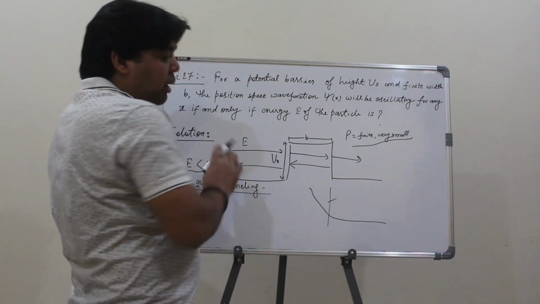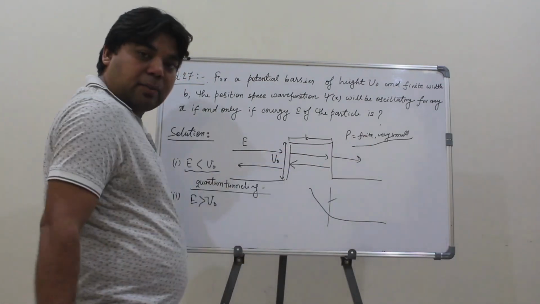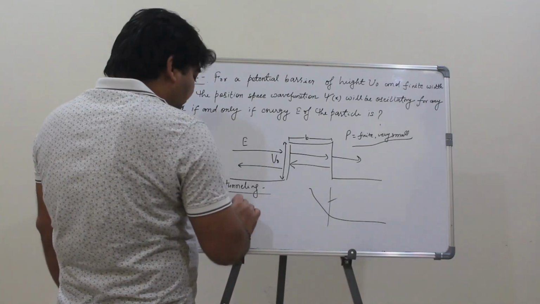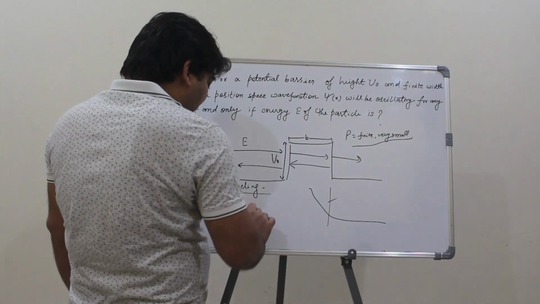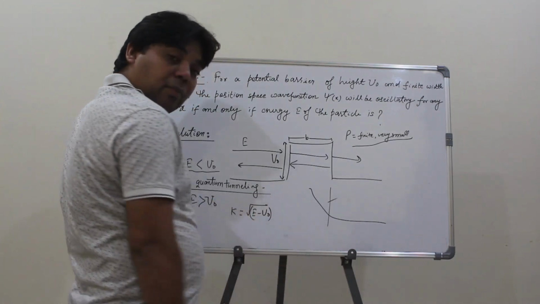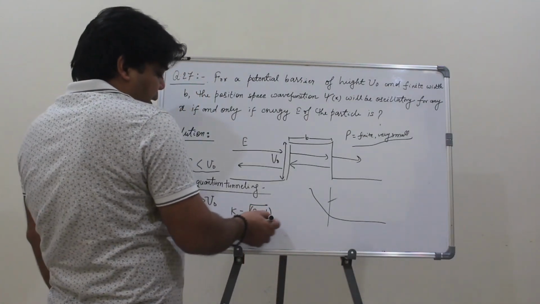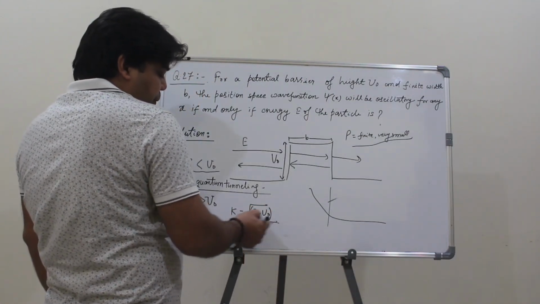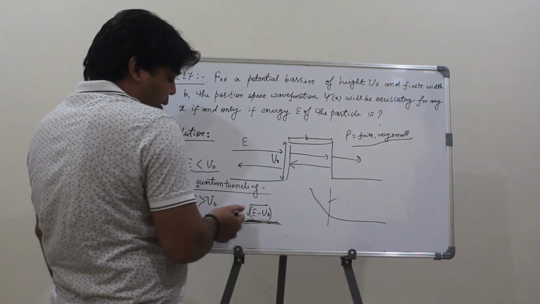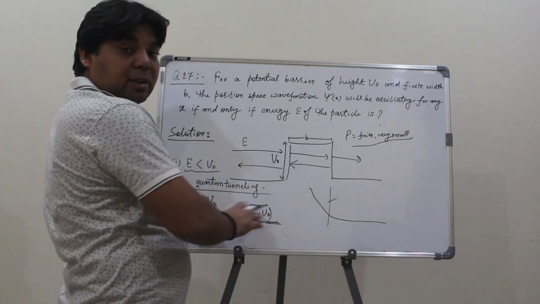In that case, the particle will simply pass through the barrier because its energy is greater than the barrier height, right? So it will come out with K, which is from E minus u naught, something like this. Obviously you need to check other terms to make everything correct, but I'm giving you a rough idea: E minus u naught.